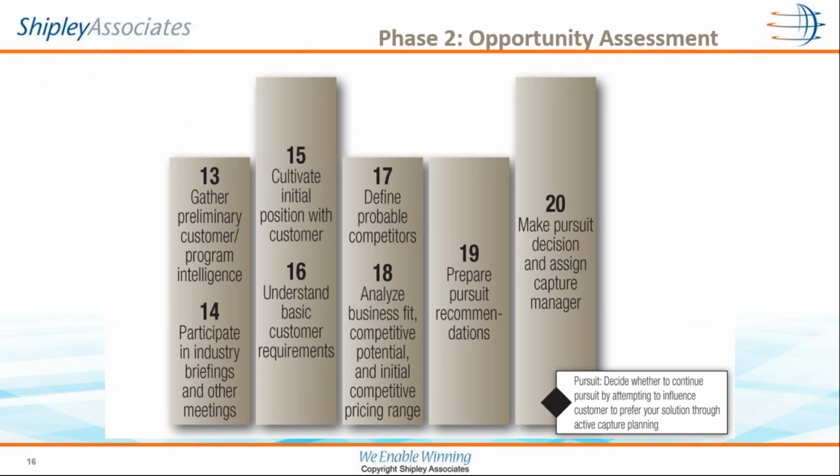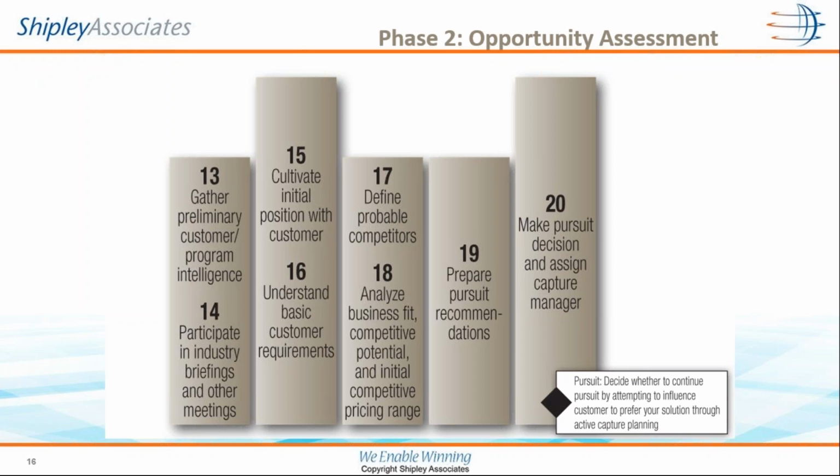We need to start building relationships early. Is there a business fit for these potential opportunities we're identifying, whether they're grants or contracts, single award, multiple award? The end of the day, though, we need to make a decision.